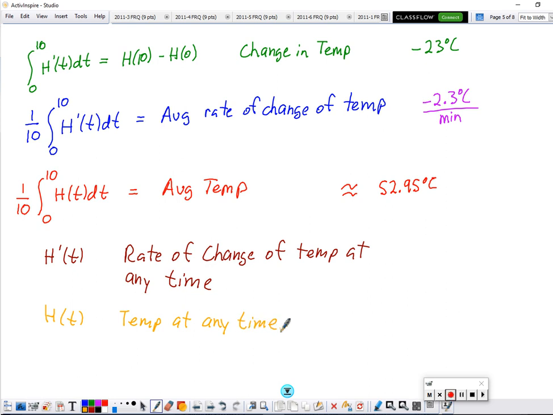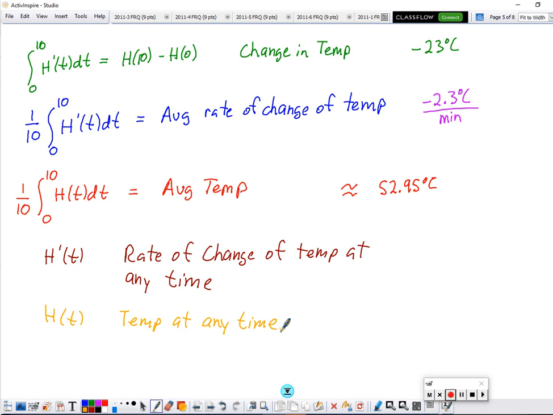Is that your question? Yeah. So, it might be dumb, but are we ever integrating and finding a rate of change, or no? Hold on a second, I get what you're saying. I want to think of the best way to answer that. So don't let me forget to answer it. So H prime is the rate of change of the temperature at any time.